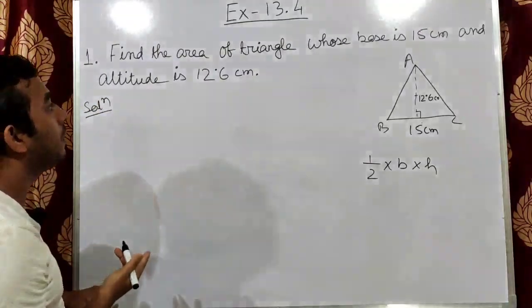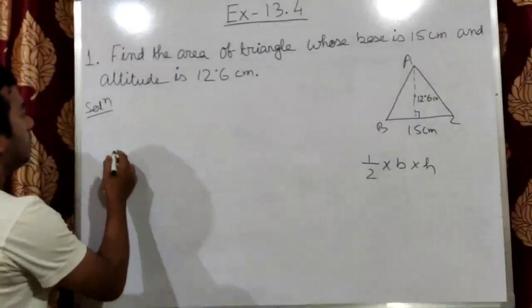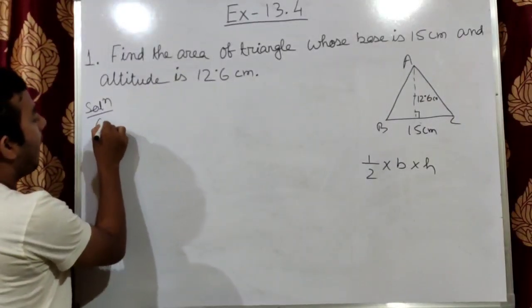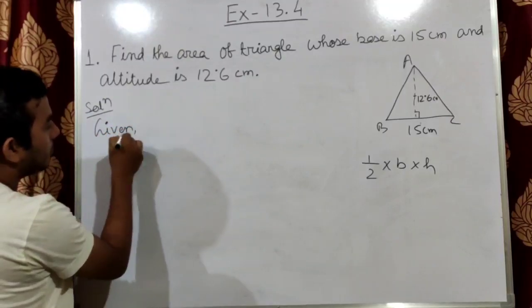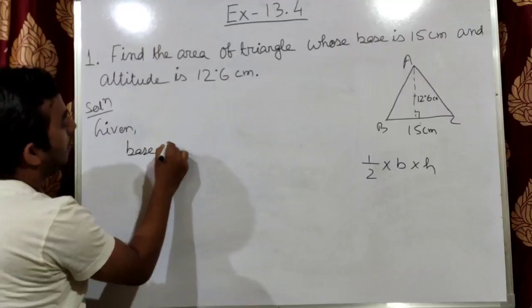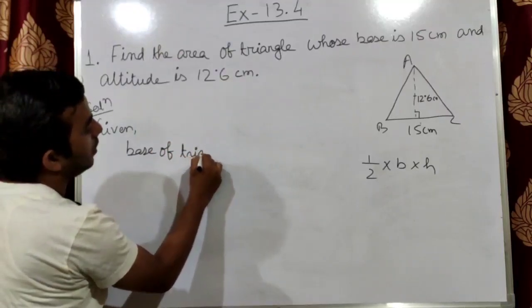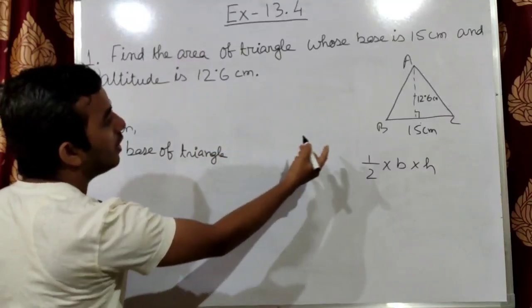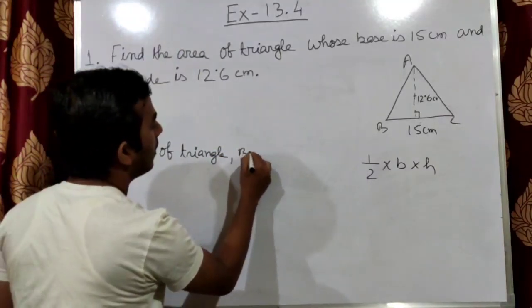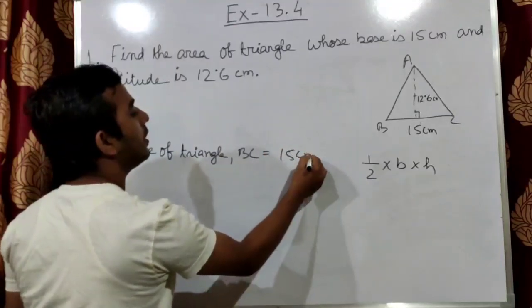Here base is given, altitude is given, and we have to find area. So we'll write given: base of triangle, BC, equals 15 centimeter.